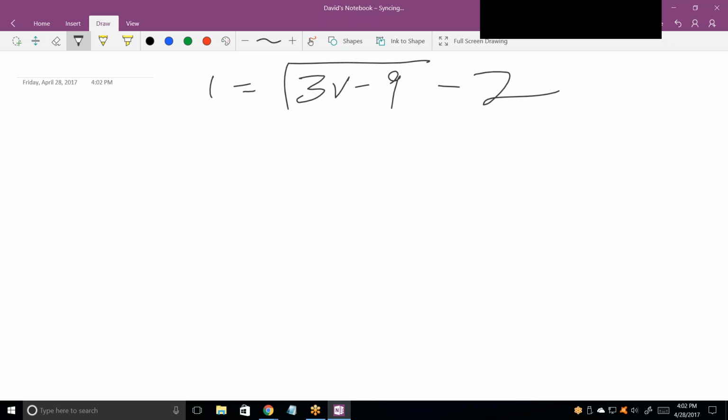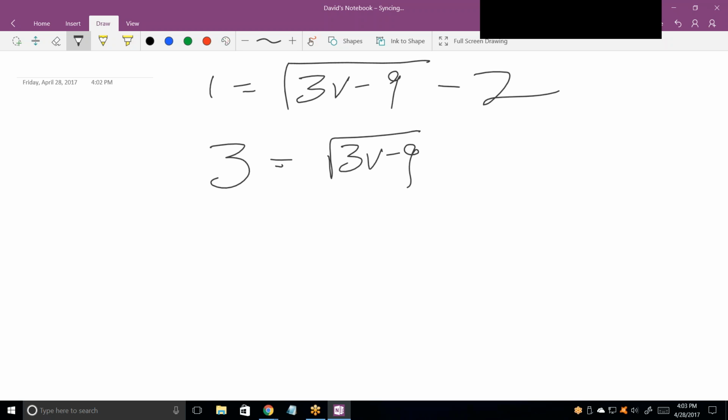First thing we should be aware of is that we may end up with an extraneous solution because we're looking at a radical sign. What's the first thing you want to do here? Add 2 to both sides. Now what? 3 equals the square root of 3v minus 9.